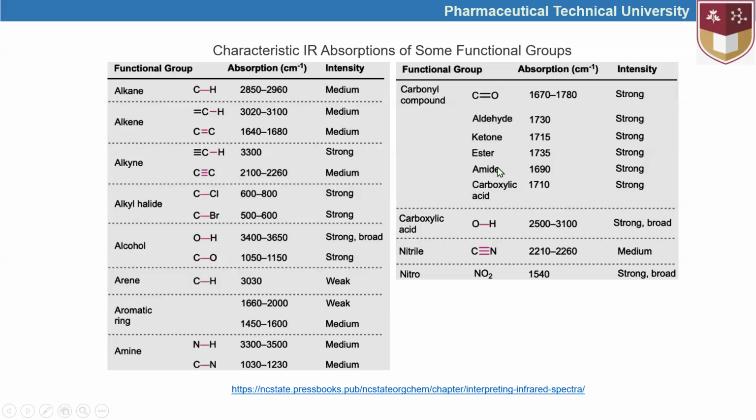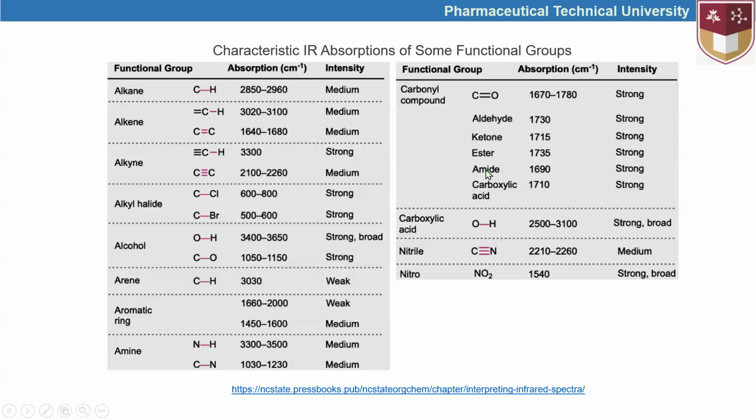But in specific cases, the absorption is quite narrow. For example, the carbonyl group in aldehyde has 1770 wave number. In ketone, 1715. In ester, 1735. Okay, they have deviation, of course. I think these are the medium absorption numbers for these compounds.